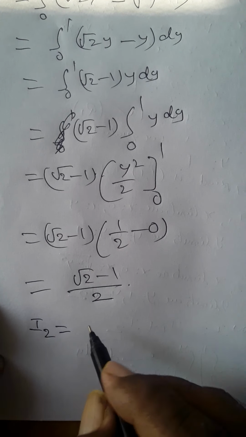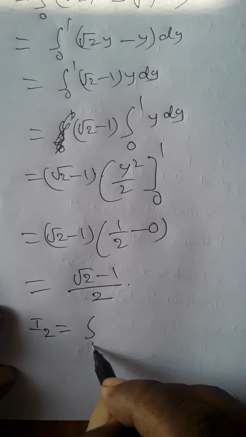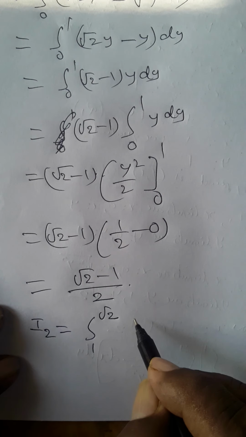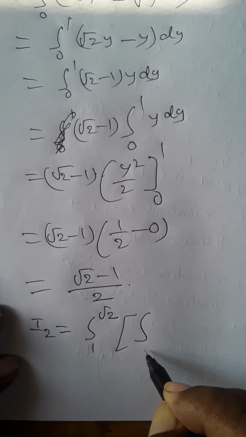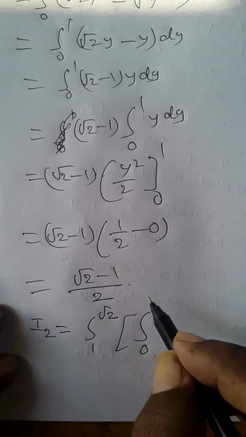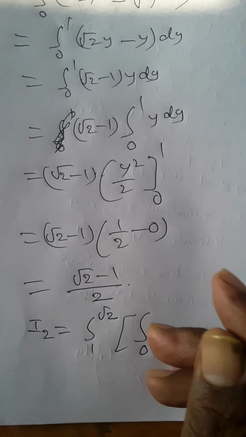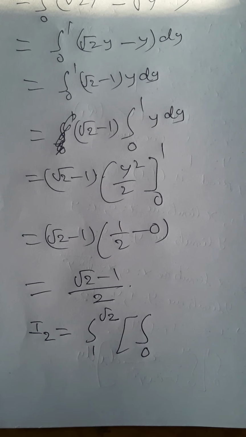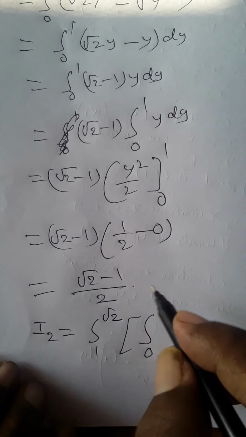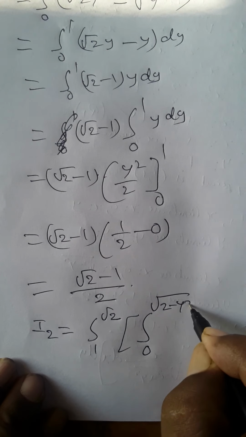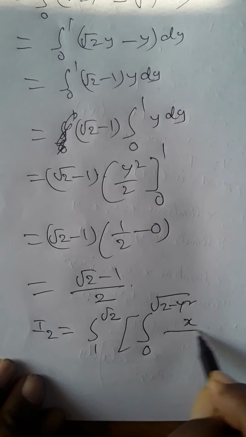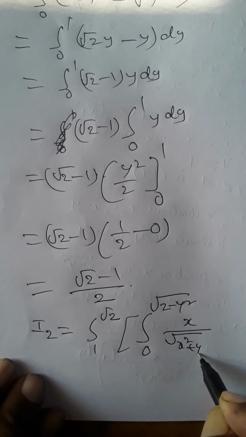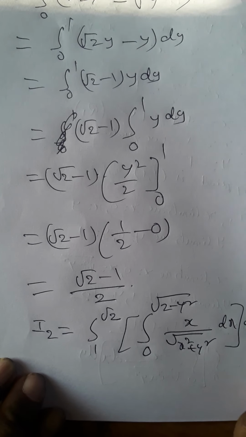I2 is integral 1 to root 2, integral 0 to root of 2 minus y square, x by root over x square plus y square dx dy. Here also multiply both numerator and denominator by 2.